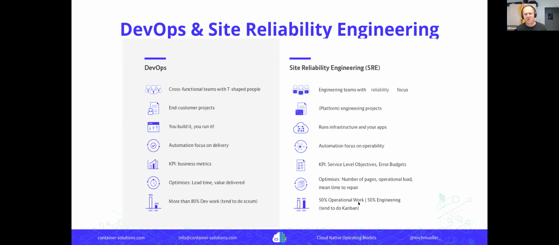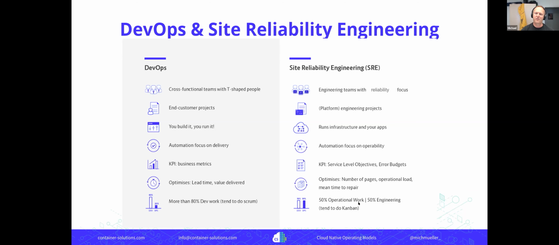That's their KPI. The DevOps team optimizes lead time and checks that value is delivered. Value is only delivered when it's basically delivered to production, so someone can consume it.